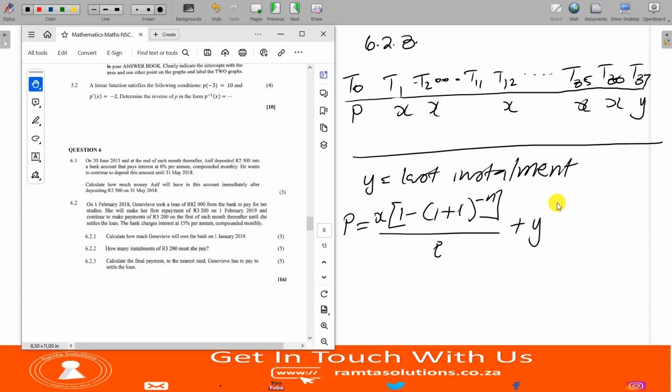But this amount, pay attention, will be Y times (1 plus i) to the negative 37. I'm making n 36 straight away. This is when we want to know what you need to deposit for the 37th payment. If this confuses you, there's a video we made on this. We will drop the link.